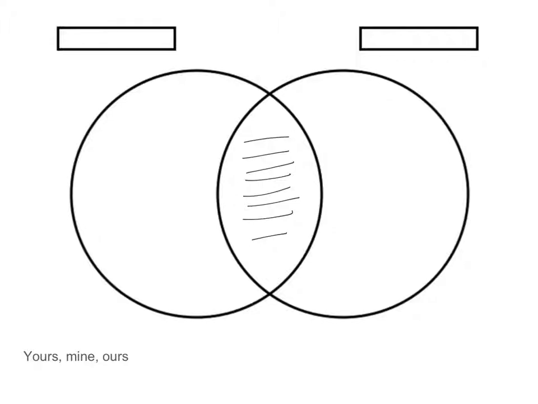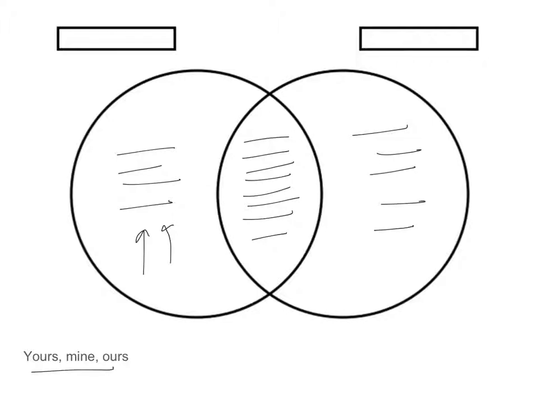But it's perfectly reasonable for you to have additional outcomes for your course that are either related to the course outside of the collaboration or could be related to the collaboration but from a perspective from your course that's not an applicable outcome for your partner's course, and vice versa. So I've got this kind of yours, mine, and ours.